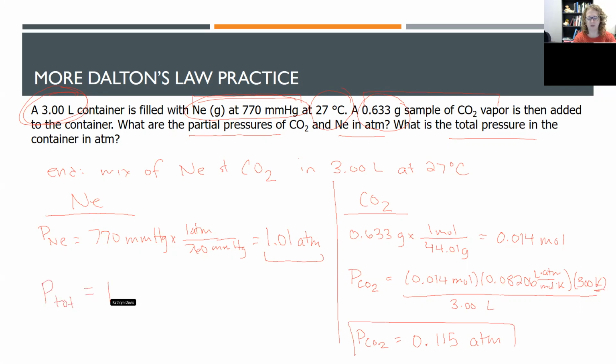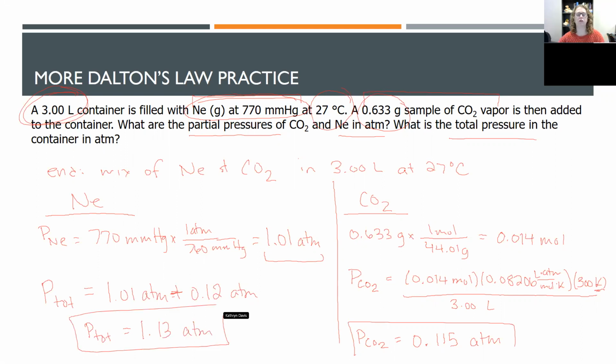We add the two things together. Plus 0.112 atmospheres. So the total pressure equals 1.13 atmospheres. Mixtures are just about separating out the components, identifying things in the problem that will let you find their pressures, and then adding them together to get the total pressure at the end.